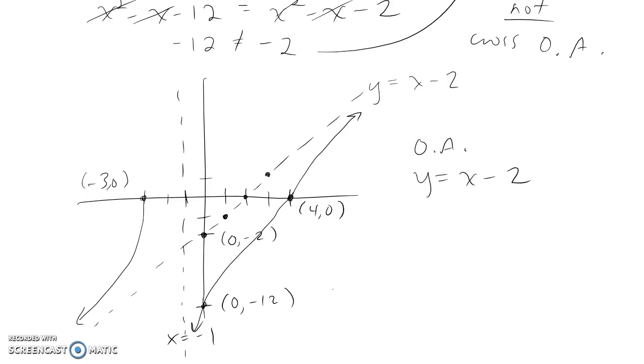So we can see that the function is going to continue to go down and never really cross that vertical asymptote. And we also see that it's going to go up and never cross there.